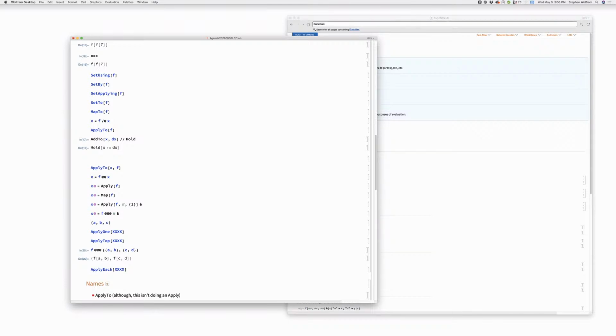Jose on the live stream is asking about an operator form of apply f at level n, something like the map at function. Oh, I see. It's asking for an operator form of apply f hash n.